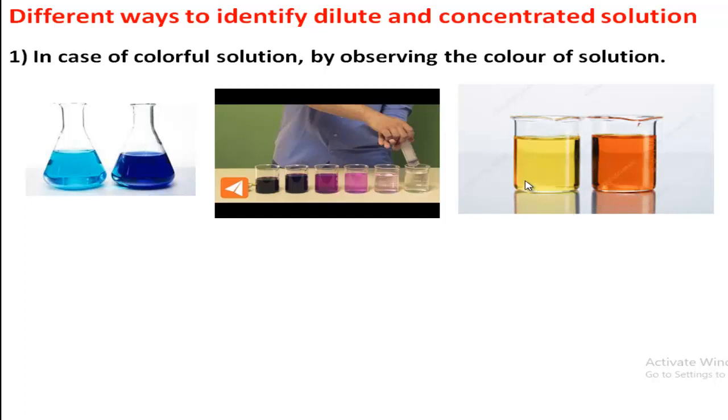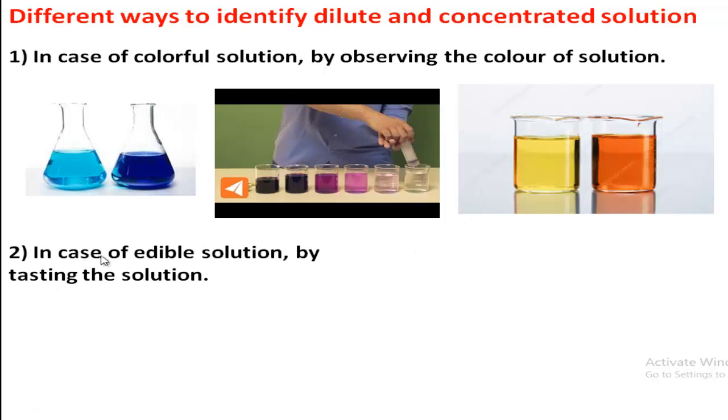So this light orange or yellowish color is the dilute solution of potassium dichromate, and this is the concentrated solution. So my dear students, in the case of colorful solutions we can easily identify dilute and concentrated solutions by observing the light or deep color of the solution.